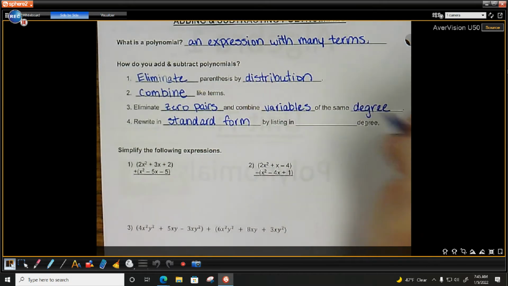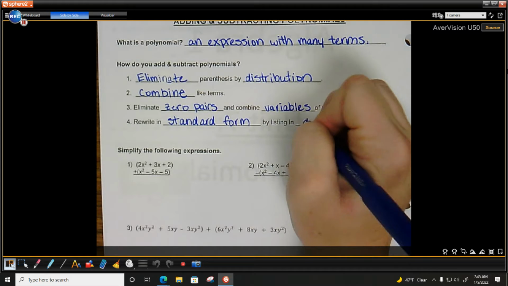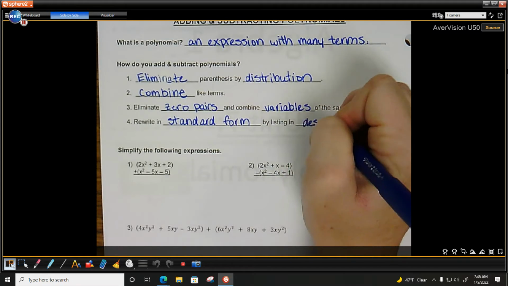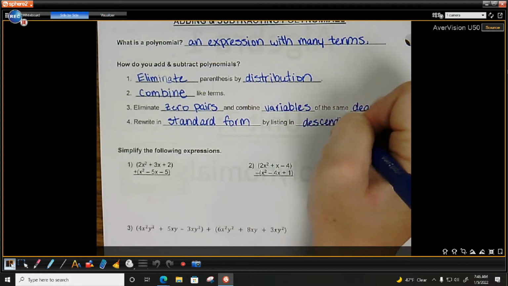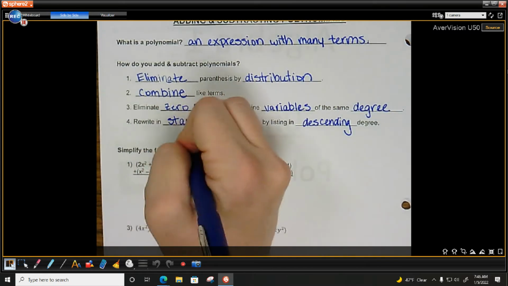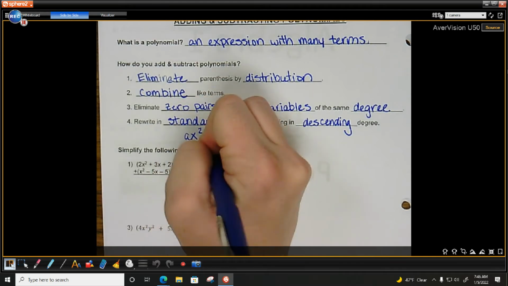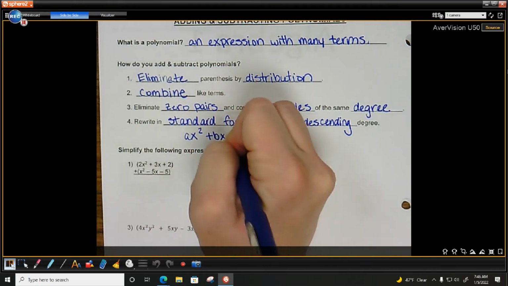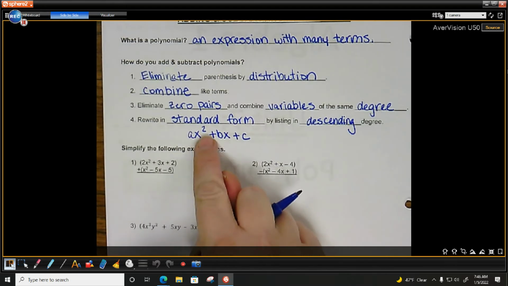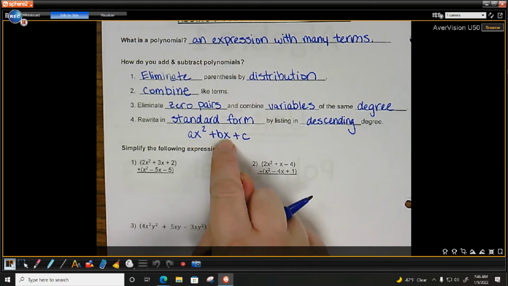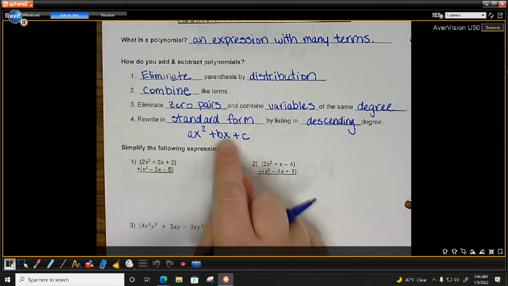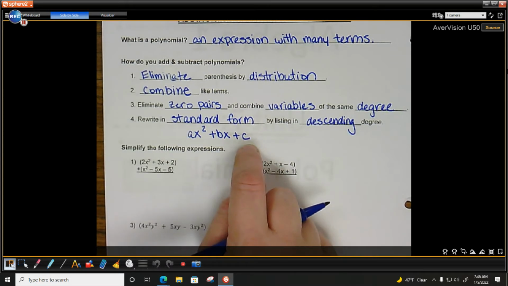And that means by listing them in descending order. So what that means is like ax squared plus bx plus c. Here I have an x to the 2nd power. Here I have an x, which if it doesn't have an exponent, it's an understood exponent of what? 1. Very good. And here, do I have any x's? No. So that's what it means by putting it in standard form.